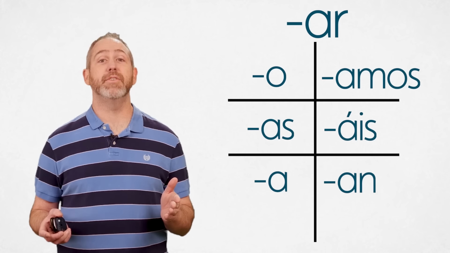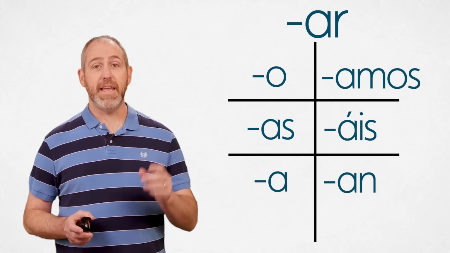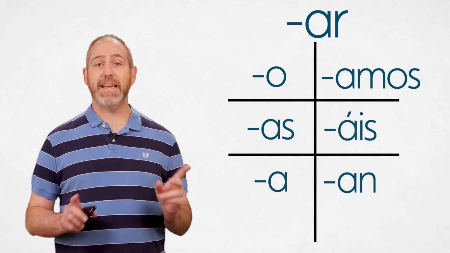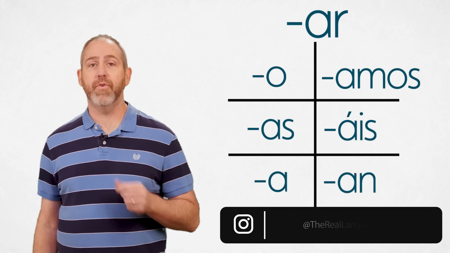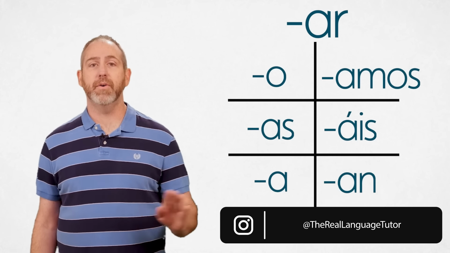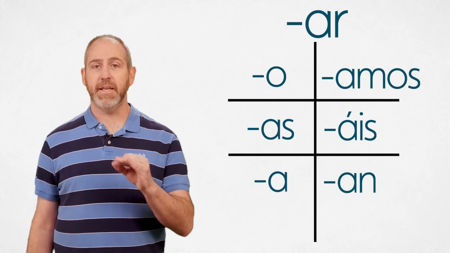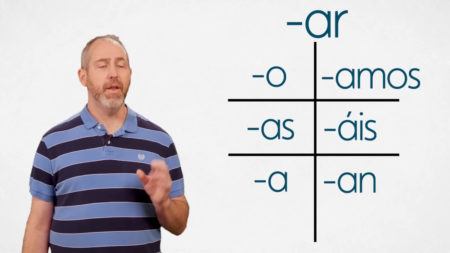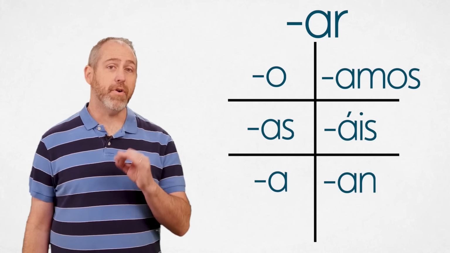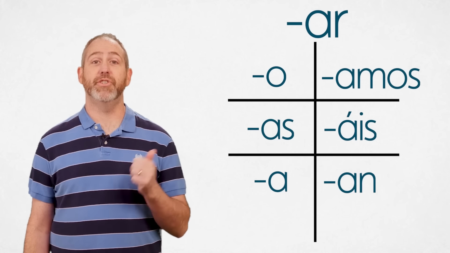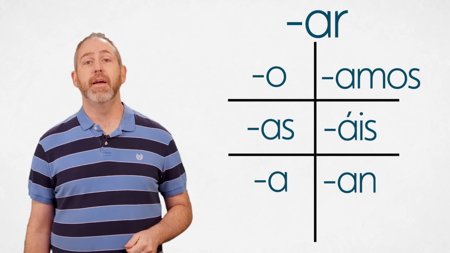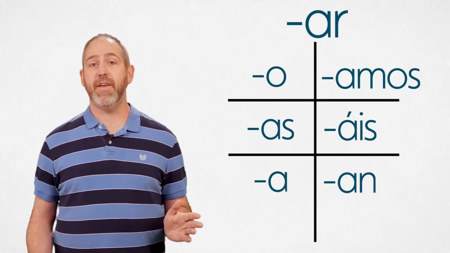And the answer is yes. So we're going to leave the O just like it is. We do the O for the yo form on all three types of verbs, ARs, ERs, and IRs. But the rest of these for ER verbs, we're going to simply change the A's to E's. And now we have ER verb endings.